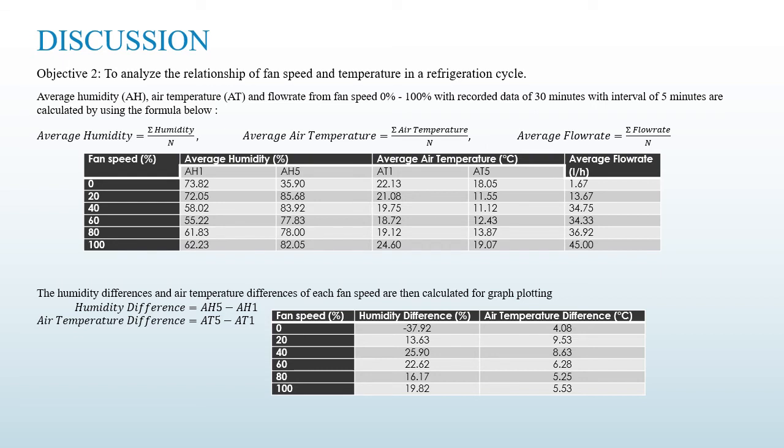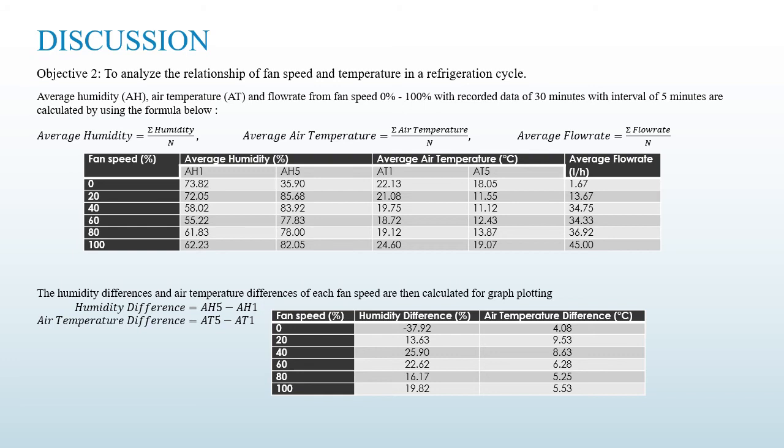So from the table below, it shows AH1, AH5, AT1, and AT5. These represent the humidity and air temperature at sensors 1 and 5 respectively, in which AH1 and AT1 are the initial humidity and air temperature, whereas AH5 and AT5 are the final parameters at the outlet of the air conditioner.